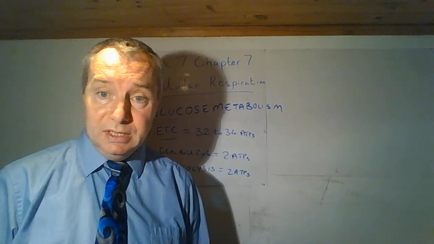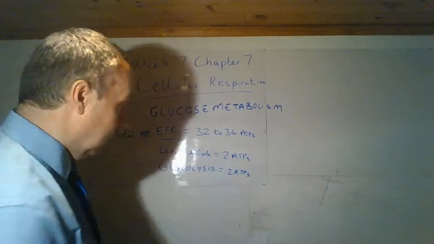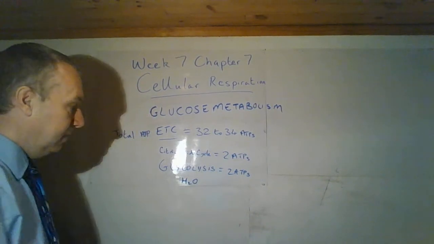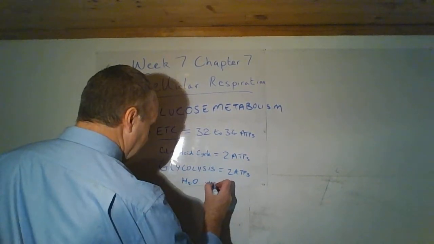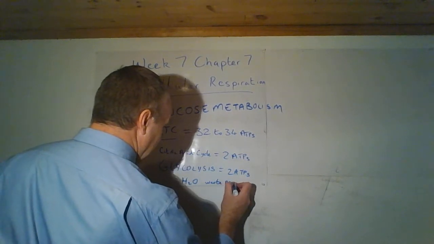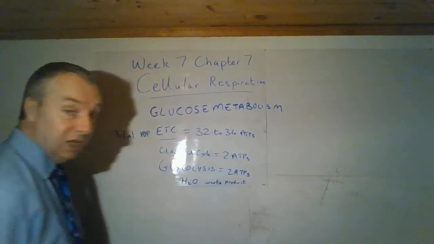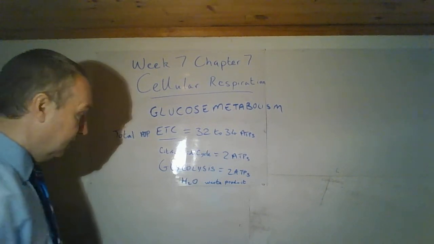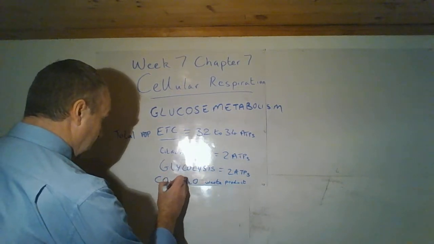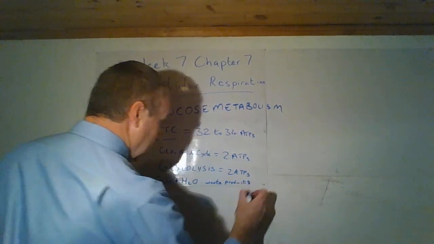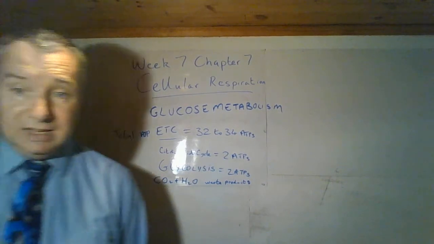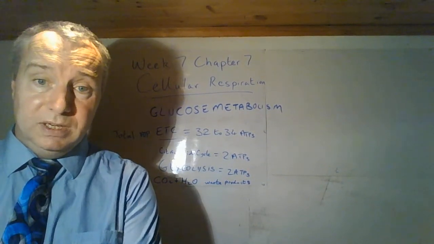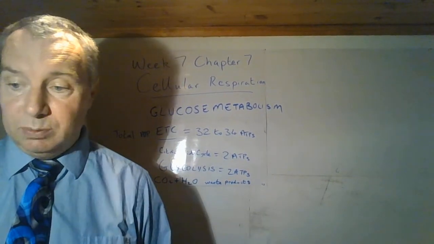And so what happens is you get H2O, when 2 hydrogens bind to each of those oxygens, is a waste product of cellular metabolism, or glucose metabolism, and another one is CO2. Do know that oxygen is the final electron acceptor in glucose metabolism or cellular respiration.